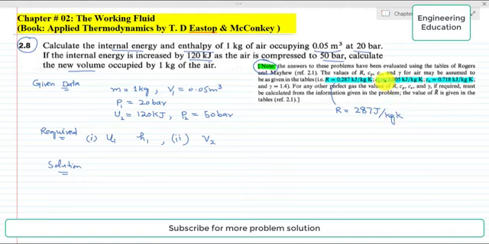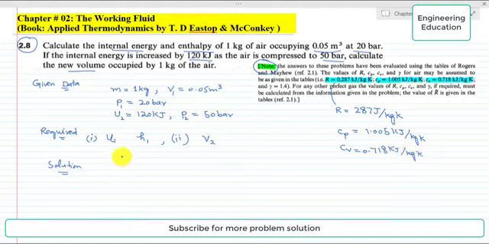Similarly, the specific heat capacity at constant pressure, Cp, is 1.005 kilojoule per kilogram per Kelvin. Also, the value of Cv is 0.718 kilojoule per kilogram per Kelvin. These values will be used in the solution of this problem.